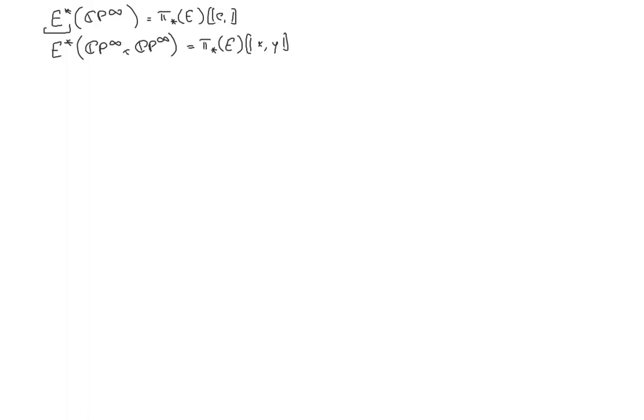Yeah, and this implies that we can describe the first Chern class of the tensor product in terms of the first Chern classes of the vector bundles. Namely, so we have a map.